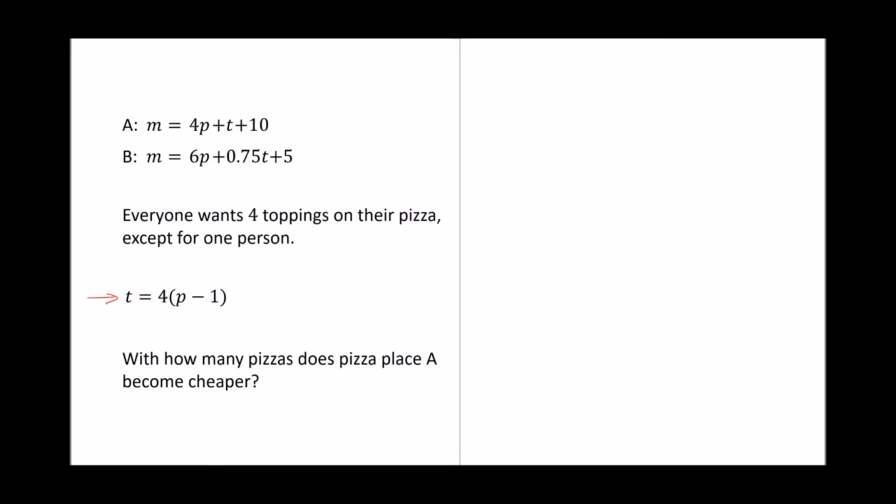To start off, we will simplify this formula by getting rid of the brackets. We're doing 4 times P and 4 times minus 1, and we get 4P minus 4. Okay, so now we start substituting this formula. So wherever we see T, we can actually write 4P minus 4.